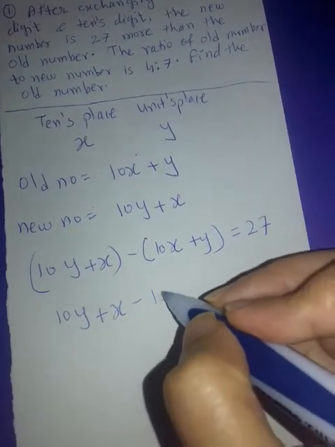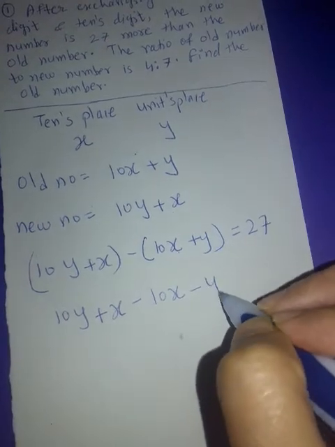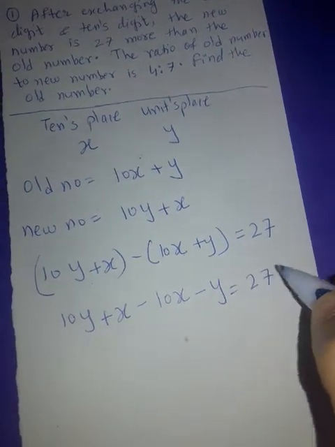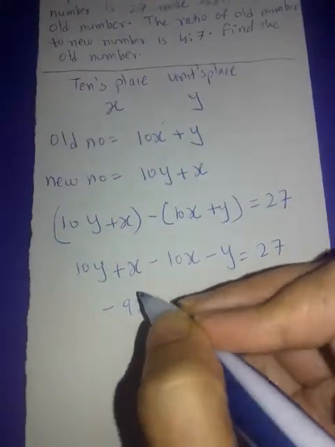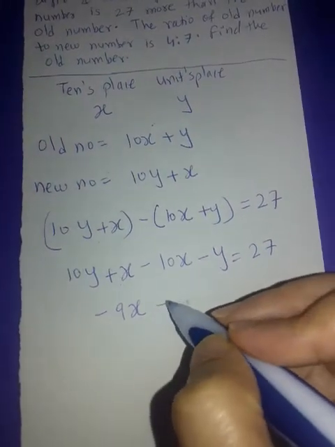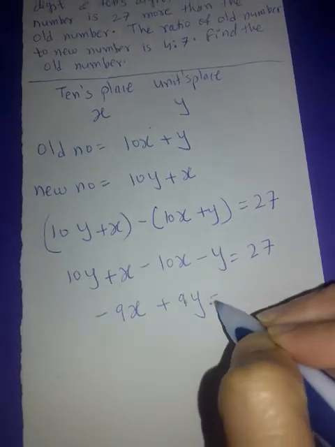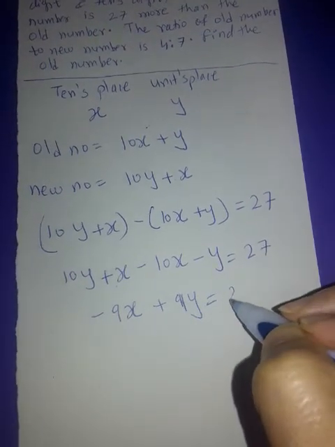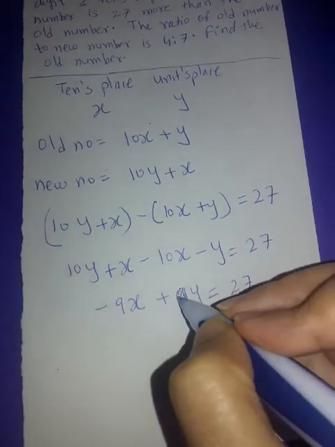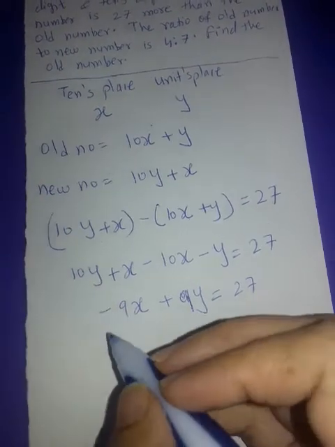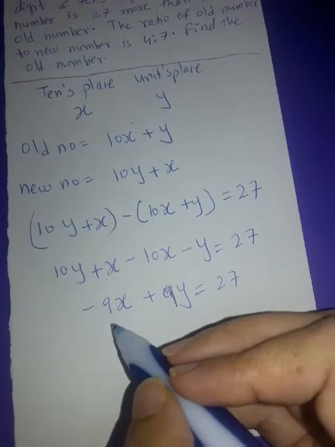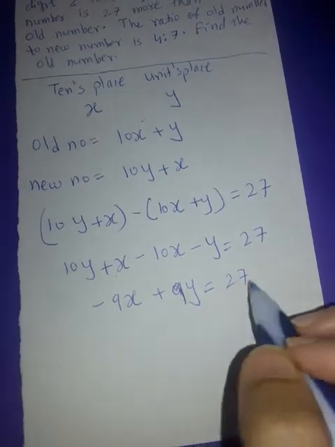When I open the bracket, x minus 10x is minus 9x. 10y minus y is plus 9y, equal to 27. Isn't it? I can divide the whole equation by 9. 9 is there everywhere.